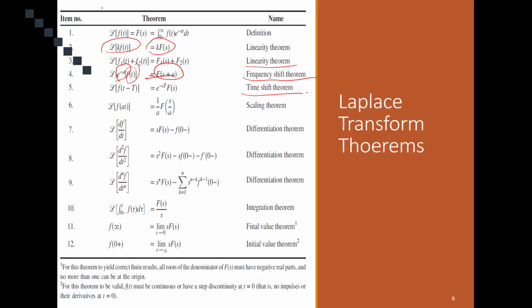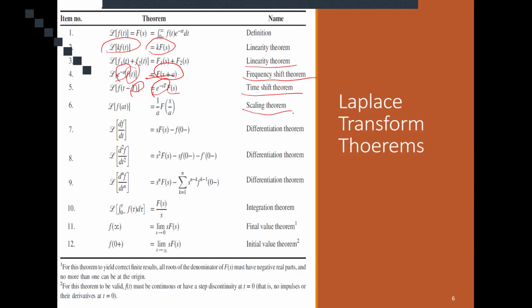In the Laplace transform, it becomes the Laplace of our function times e to the power of minus s times that constant. This is the constant, okay? It doesn't change. And the effect on the Laplace transform is e to the power of minus that constant times s.